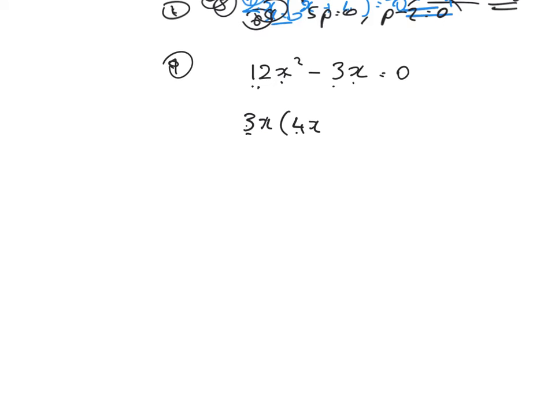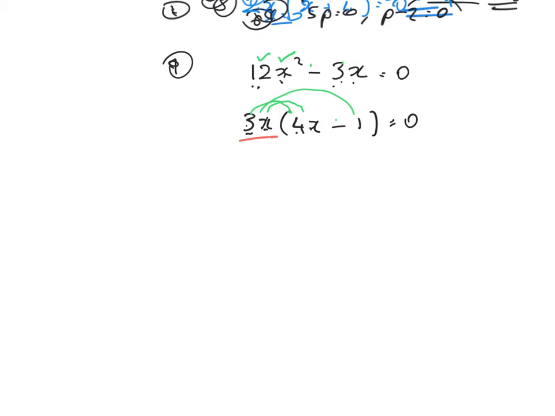So 3 4s are 12, and x times x is x squared. So 3x bracket 4x minus. 3x times what gives me 3x? That's just 1. If you think about it, that makes sense. 3 times 4 is 12. x times x is x squared. Minus in the middle, 3x times 1 is 3x.